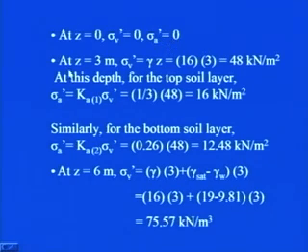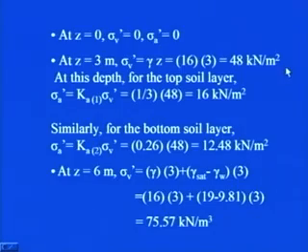Now, you see at 3 meter depth there is the presence of the water table. So, we will divide this problem into two parts. Now, at z equal to 3, sigma v prime is gamma times z. Gamma, you have seen, is 16 kilonewton per meter cube, into 3, which results in 48 kilonewton per meter square.